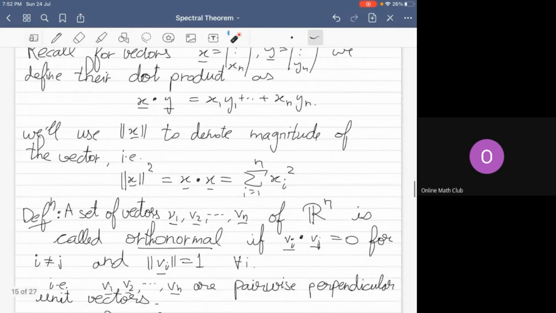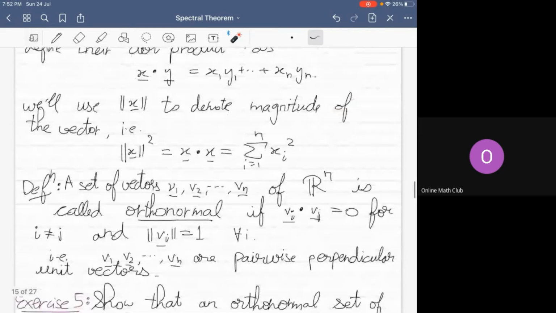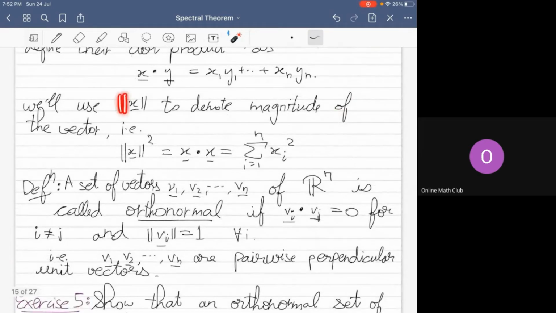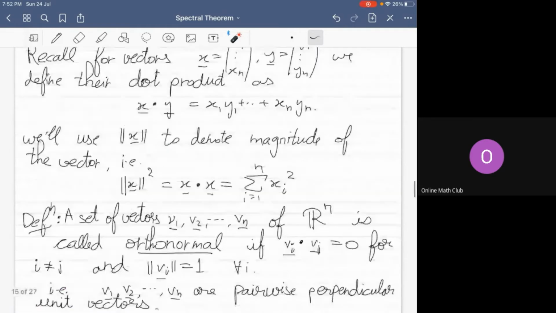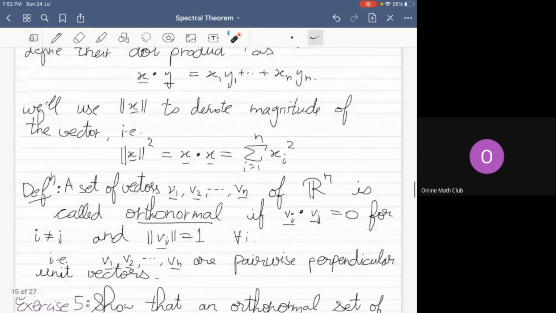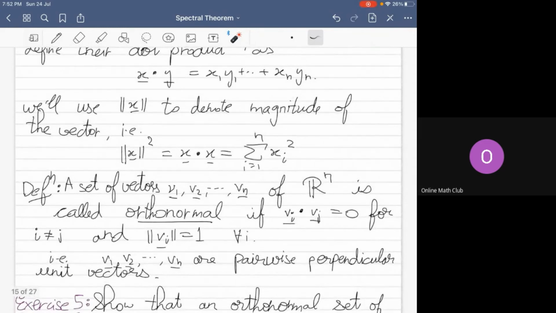We'll use this for the magnitude of a vector, whose square we define as x dot x, which is the sum of squares of entries. So the magnitude would be the positive root of this.